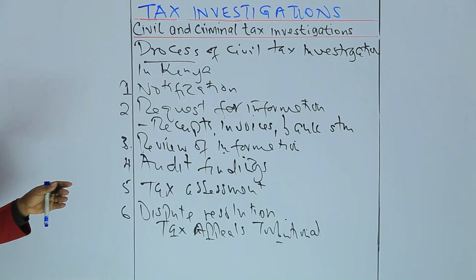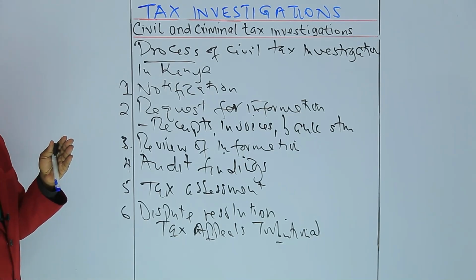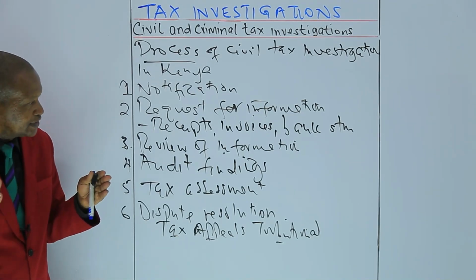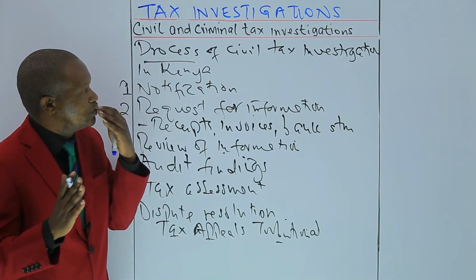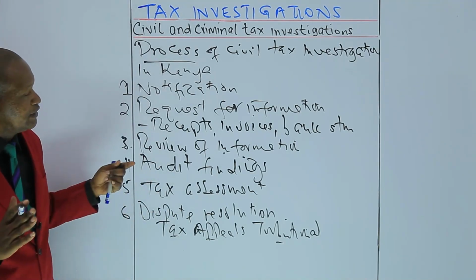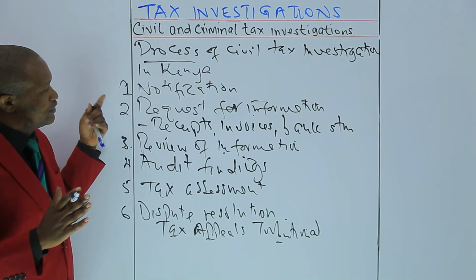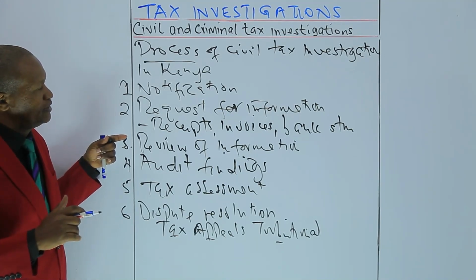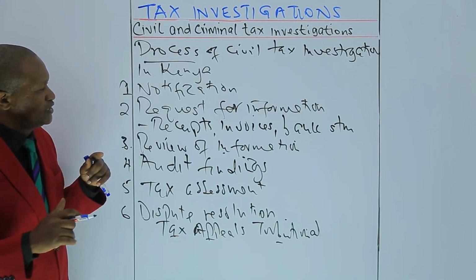So candidates, that is the process of civil investigations in Kenya. Number 1, notify the taxpayer. The revenue authority notifies the taxpayer.